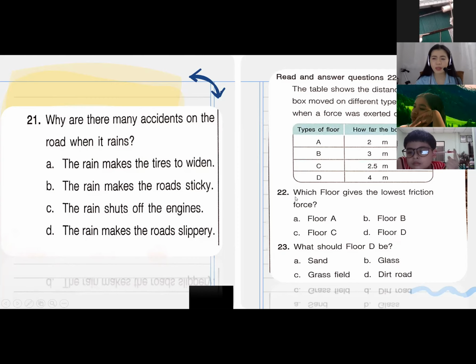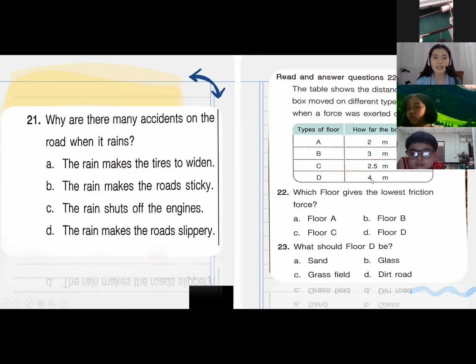Remember that when the friction is low, the surface is smooth. And when the surface is smooth, the object will move the farthest. So, which among these distances is the longest? Is it 2, 3, 2.5, or 4?